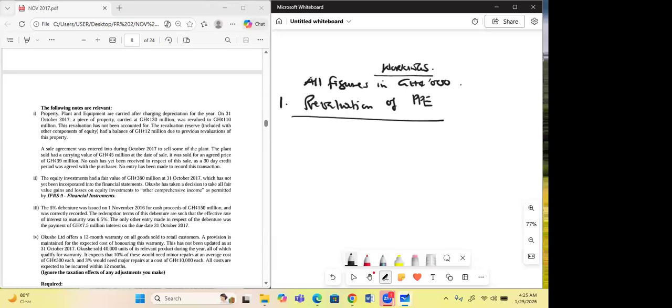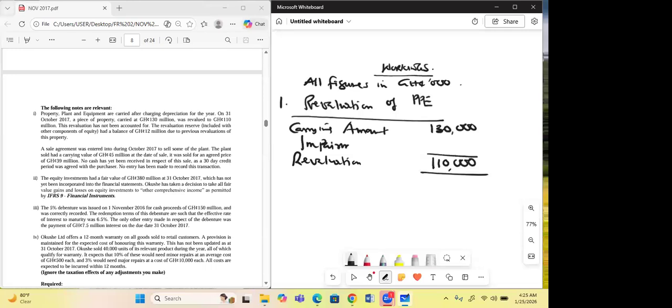They said a piece of equipment with a carrying amount of 130,000 was revalued to 110,000. What is happening there? Valuation loss. A revaluation loss is an impairment. So we have an impairment of 20,000.